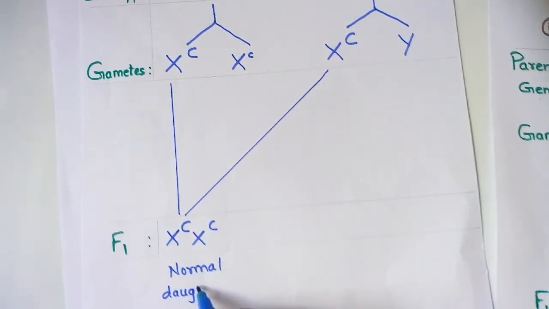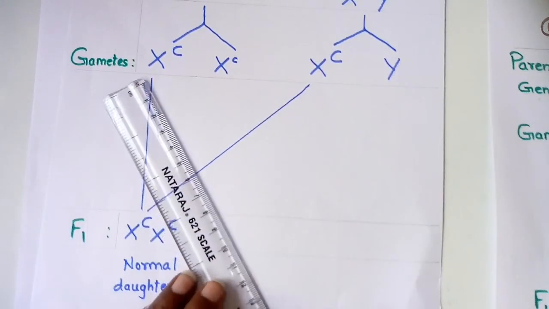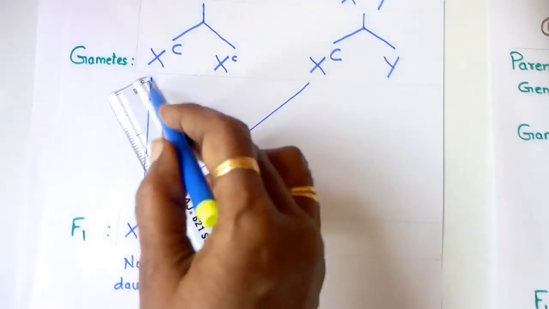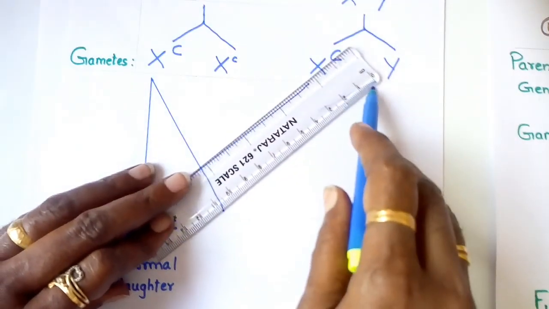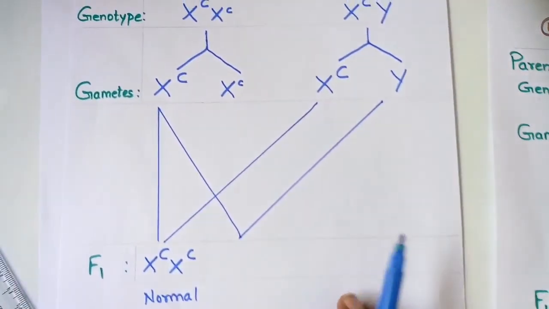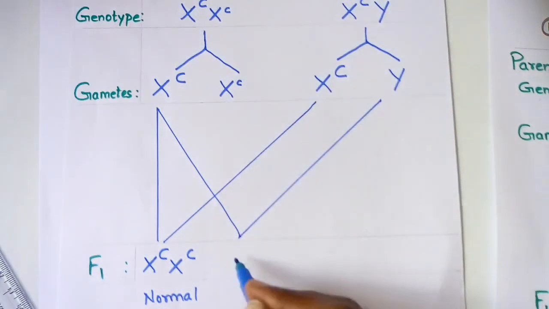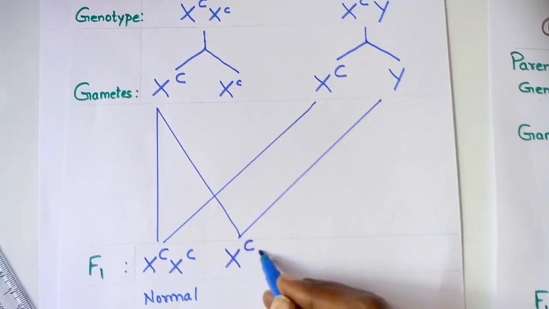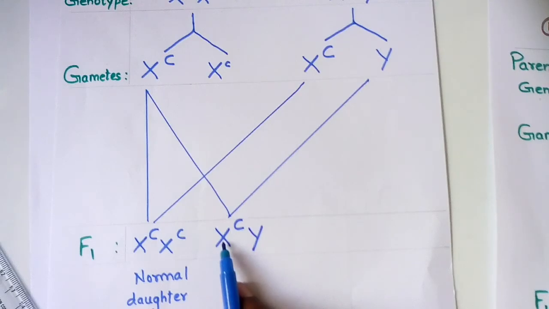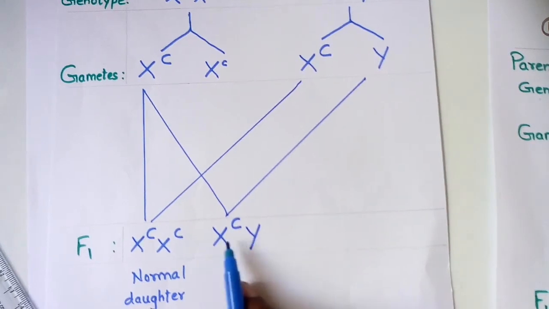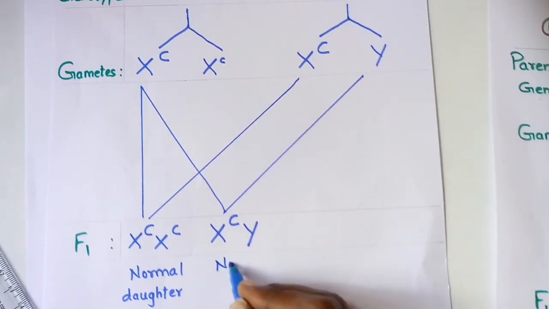Now we have to cross the other gamete with this one. Now see, this is X capital C and this is Y chromosome. When the gene is dominant and one chromosome is X and one is Y, the offspring will be a son. So this is a normal son.